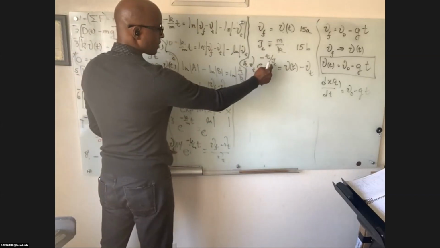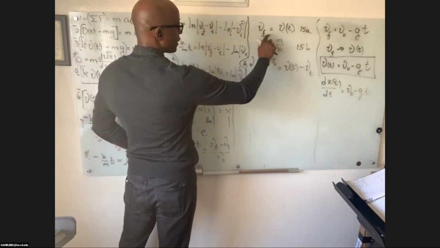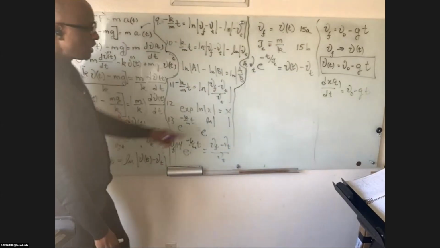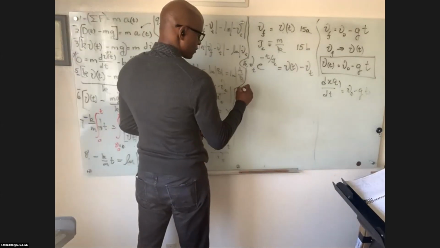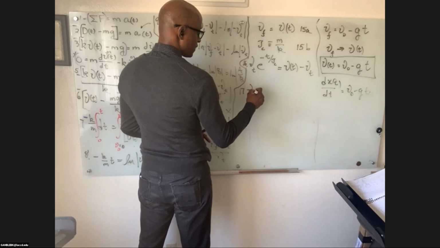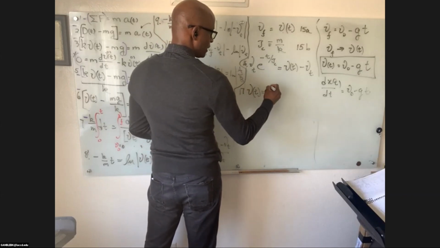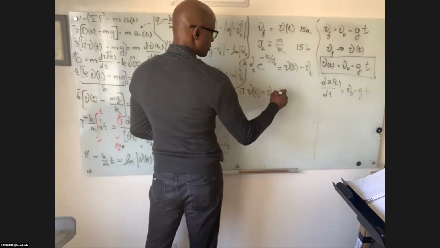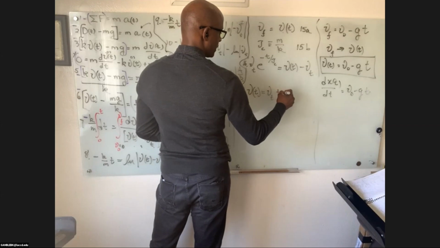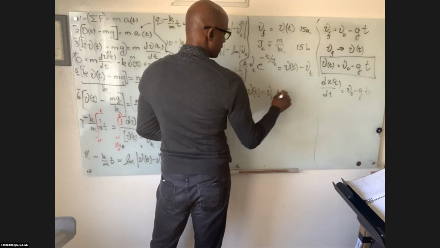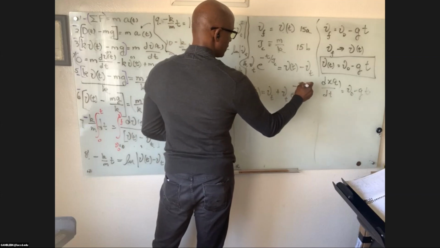Then v_f is v of t. Now I take the v sub t as a constant to the other side. That gives me the equation of motion for velocity: the velocity at any time as it falls is equal to v sub t, the terminal speed, plus v sub t times e to the minus t over tau c.